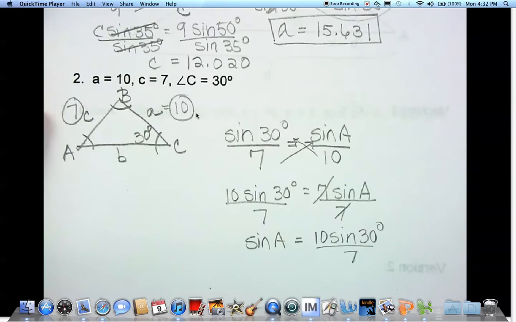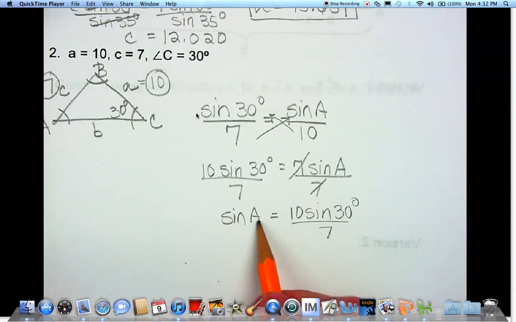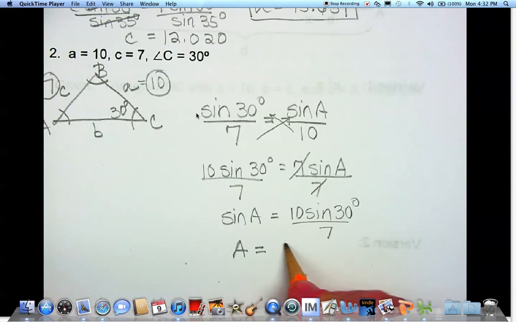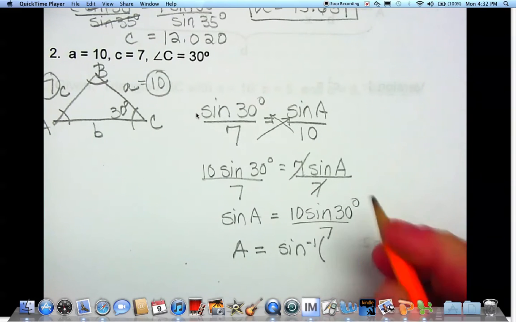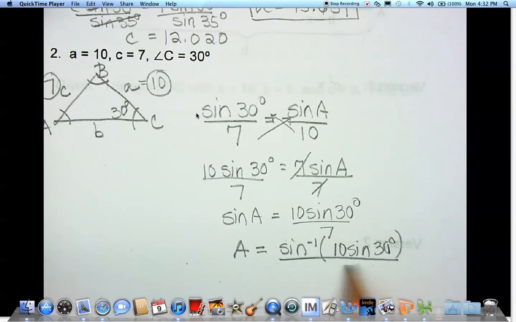Okay, but here is the problem: we need the angle A. So whenever we find an angle, we need to get rid of this sine, so we use inverse sine. So we say angle A equals the inverse sine of 10 sine of 30 degrees over 7. So we're going to put that in the calculator.